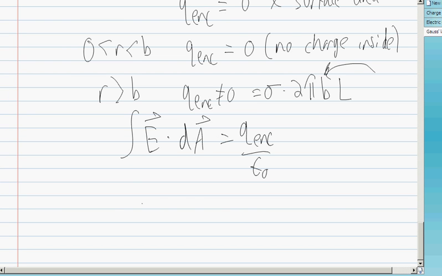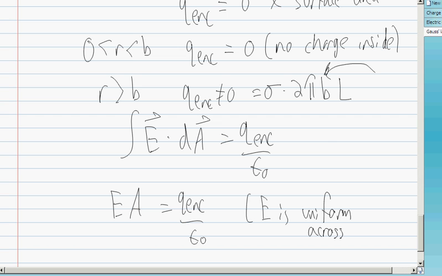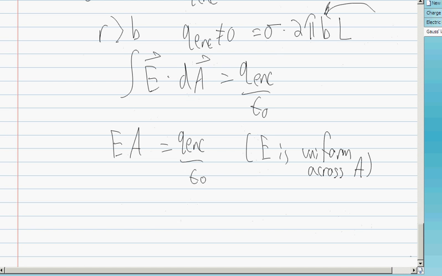And we're going to have EA equals Q enclosed over epsilon naught, since E is uniform across A. And it's going to be 2 pi BL sigma over epsilon naught. And this is going to be E times, again, a cylinder area of 2 pi R L. Now, remember, we're allowed to have that.